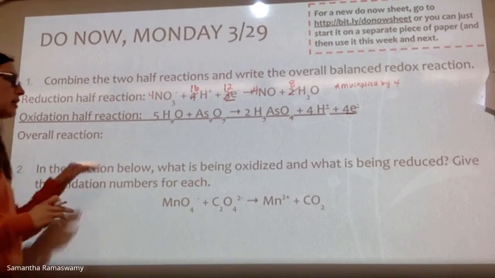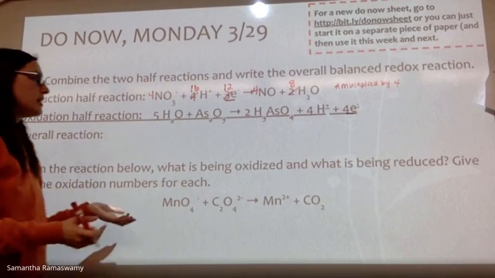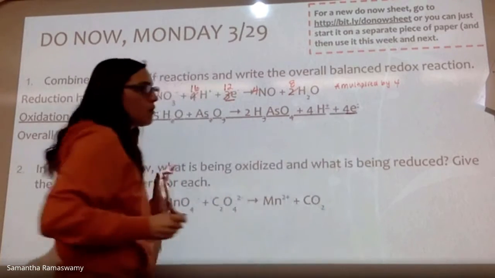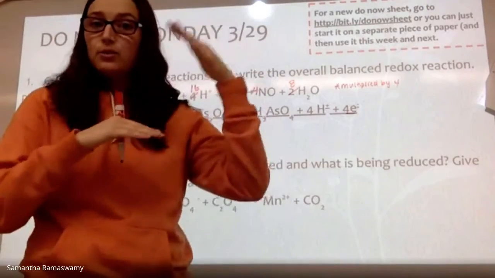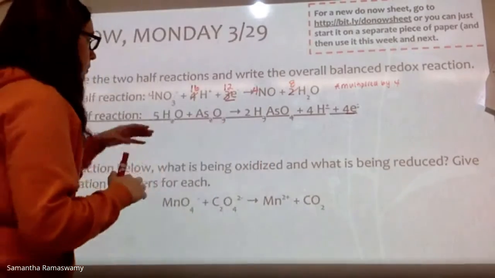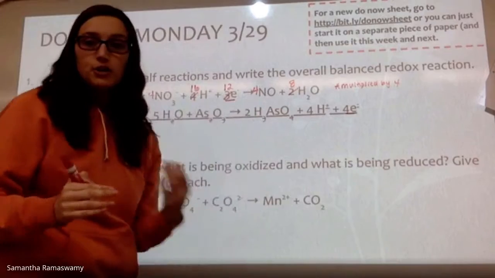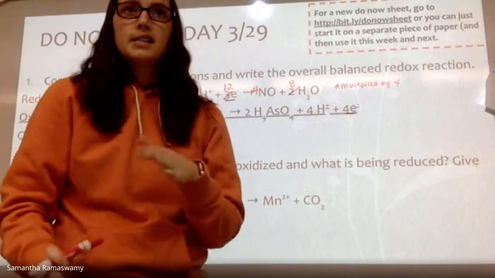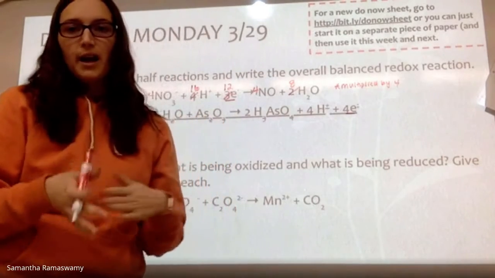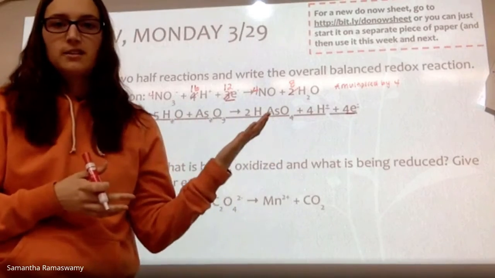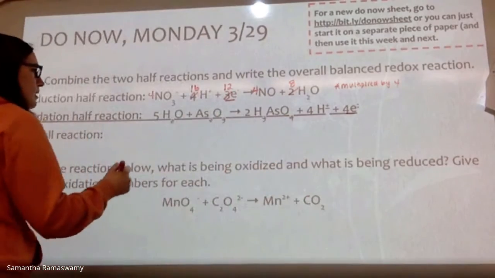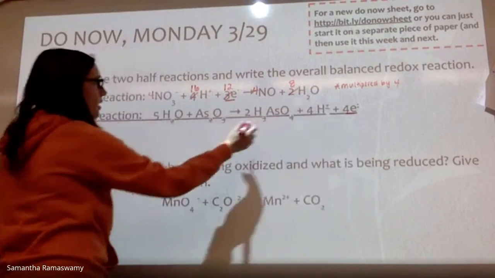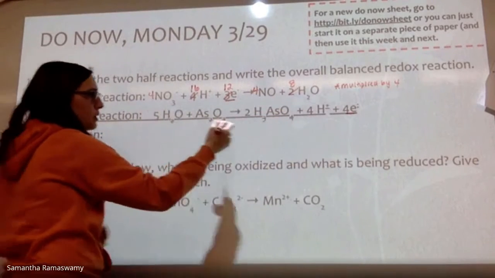And then for the bottom, for the oxidation half reaction, again, I want this to equal 12. The goal of making the electrons equal is that when I add these 2 together, the electrons should cancel. You should never see electrons in an overall reaction. You can see them in half reactions, but you should never see it in an overall reaction. So if I want this to equal 12, I need to multiply everything by 3.